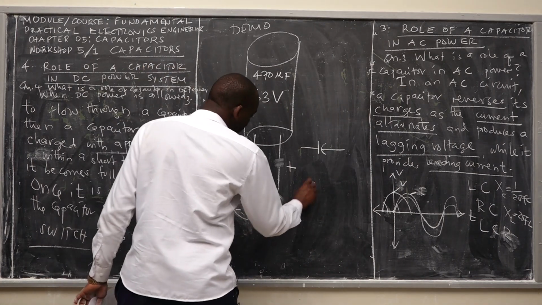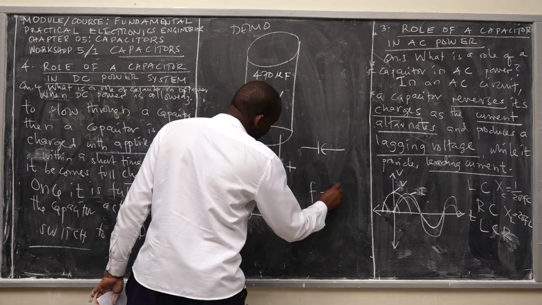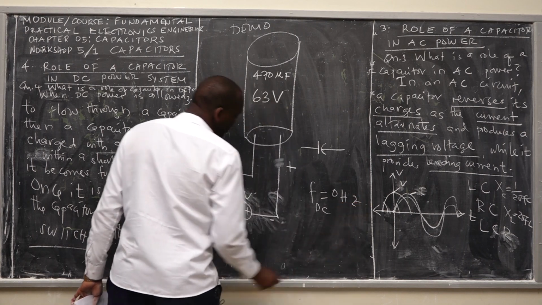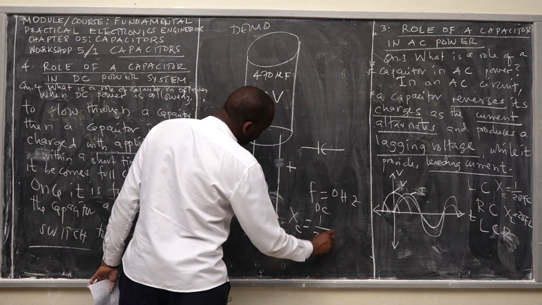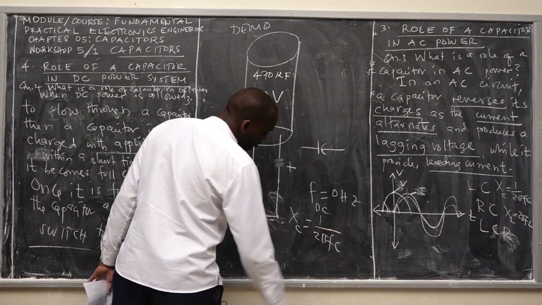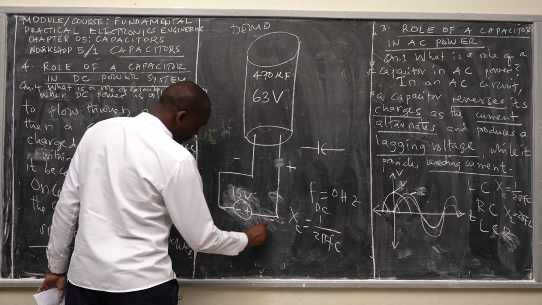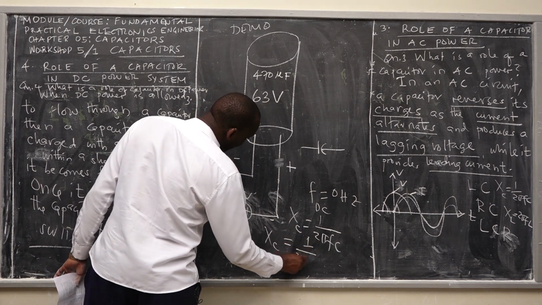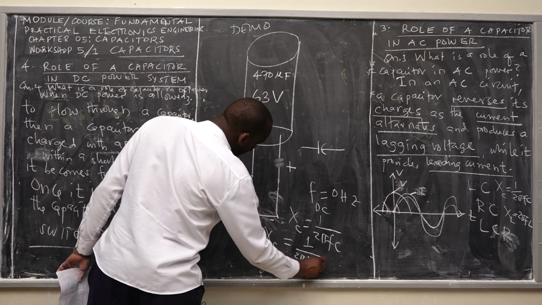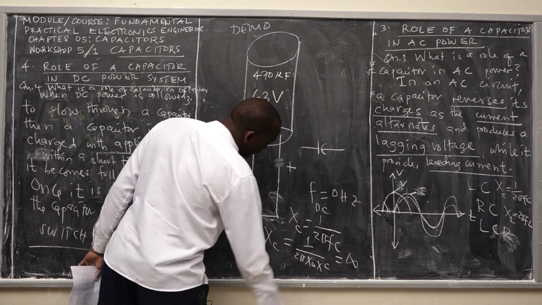And I gave you a reason. Why? Because the frequency of the DC signal is 0 Hertz. Then the capacitive reactance of the capacitor for that case is 1/(2πfC). The frequency is 0, times capacitance. The answer is infinity.